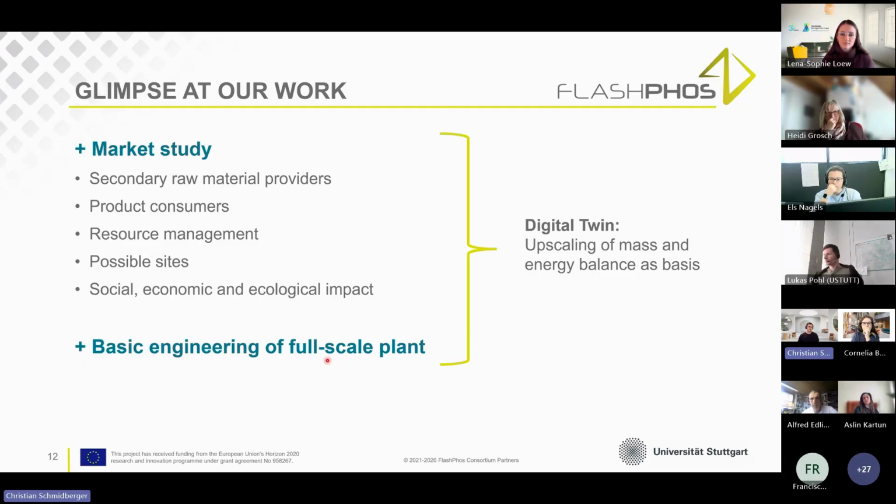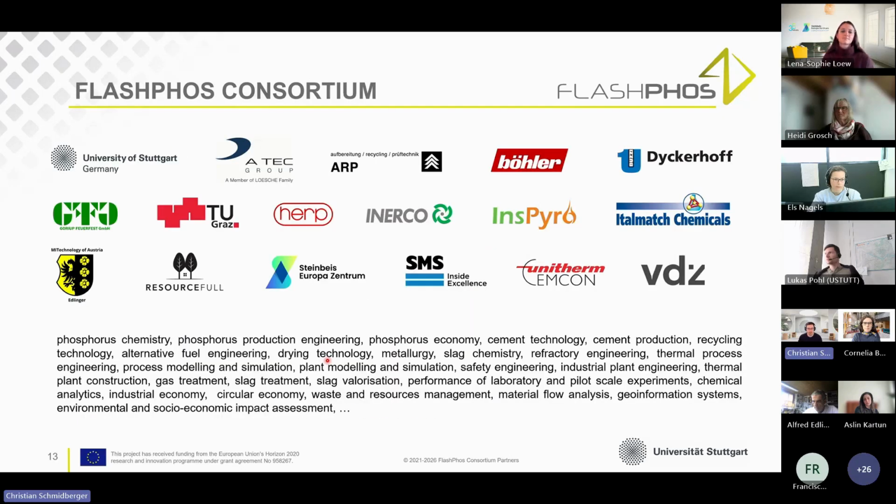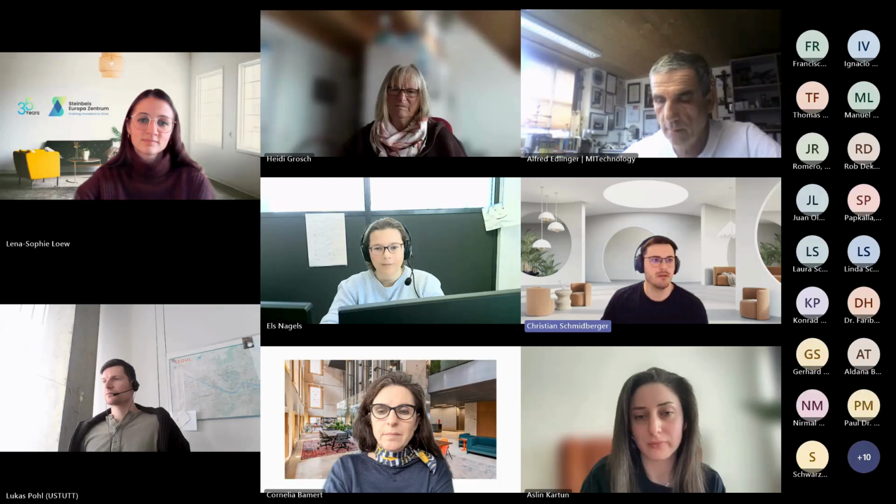And for all of these studies, the digital twin was the basis, since it was used to upscale from the pilot plant calculations to the industrial scale. So a lot of project partners are involved in this project, from academia and industry. And that would be all from my side. And now Els is going to present the digital twin.